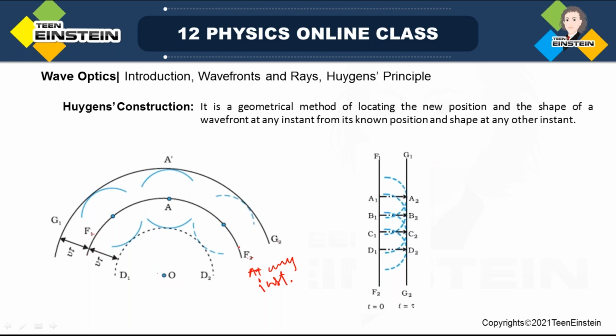Now look, according to Huygens principle, each point will act as a source of secondary wavelets, isn't it? Here I'll consider that the wave produced will be spreading out with the speed v, and I want to see, after any time tau, where will be the position of the wavefront and what will be the shape.